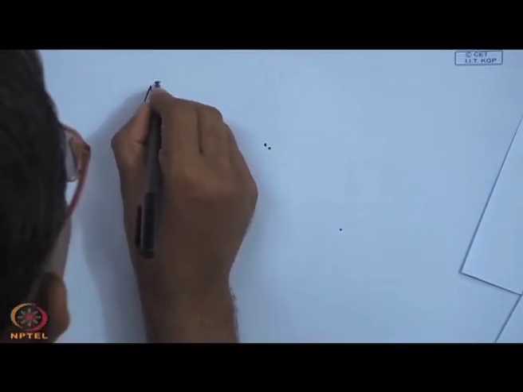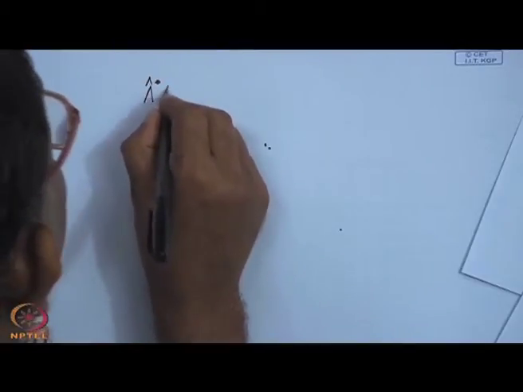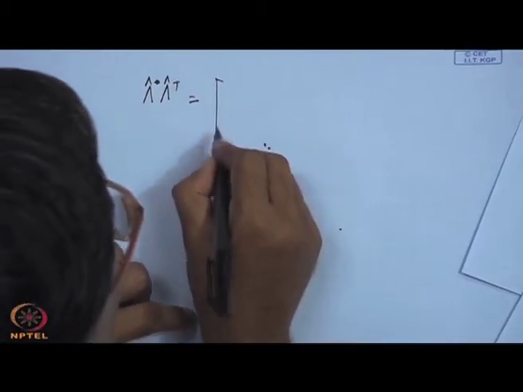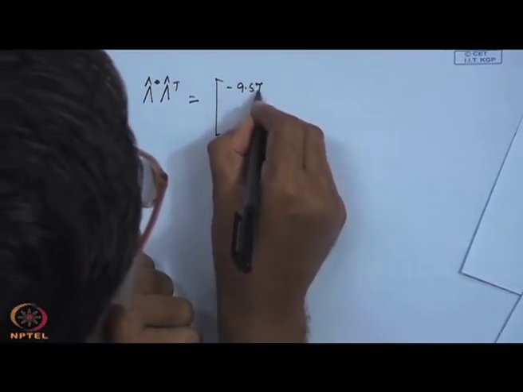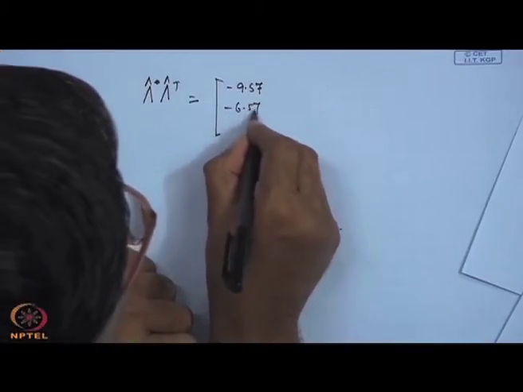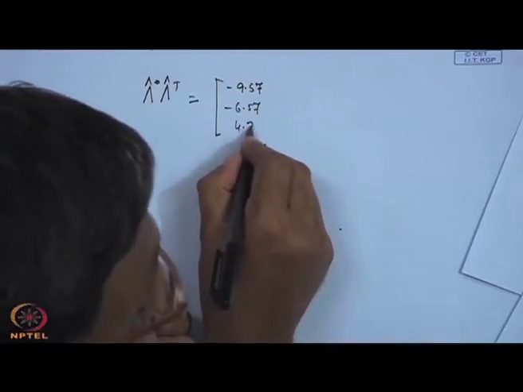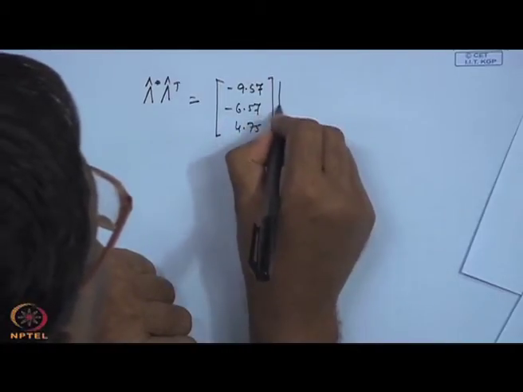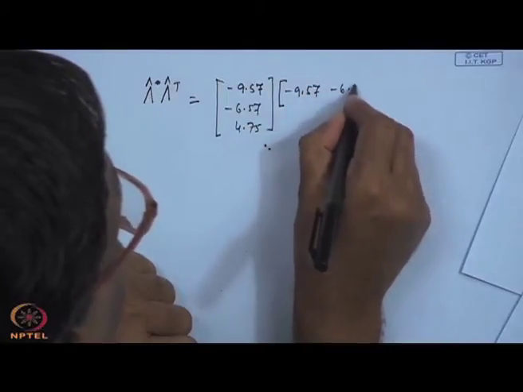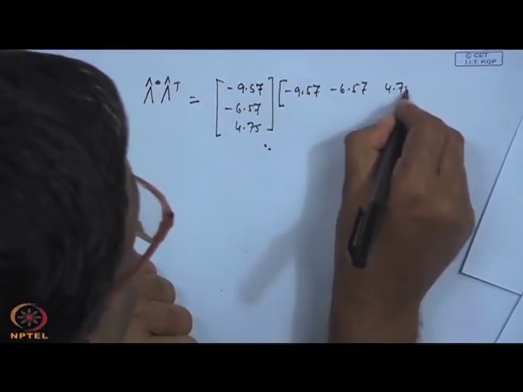In order to obtain psi cap, you require to know what is lambda cap transpose. This value will be minus 9.57, minus 6.57, 4.75 into its transpose, minus 9.57, 6.57, 4.75.